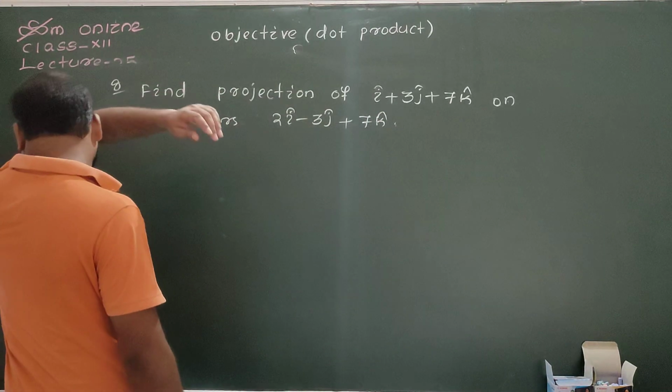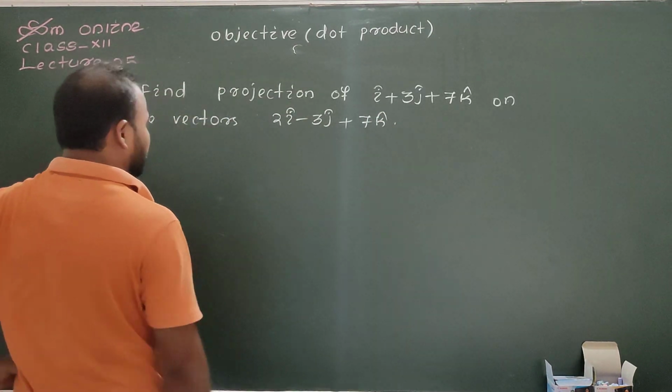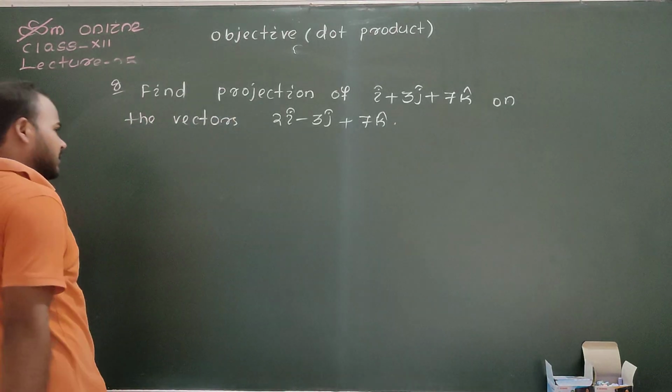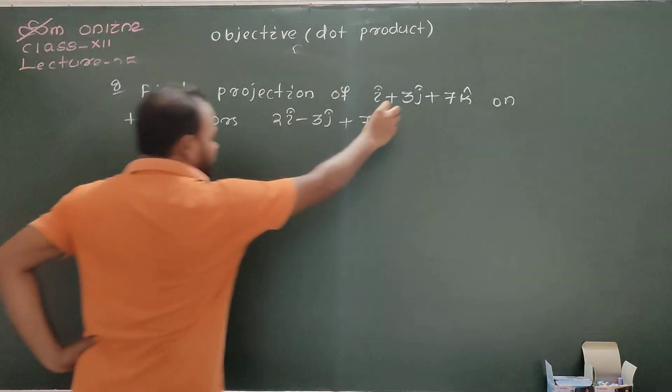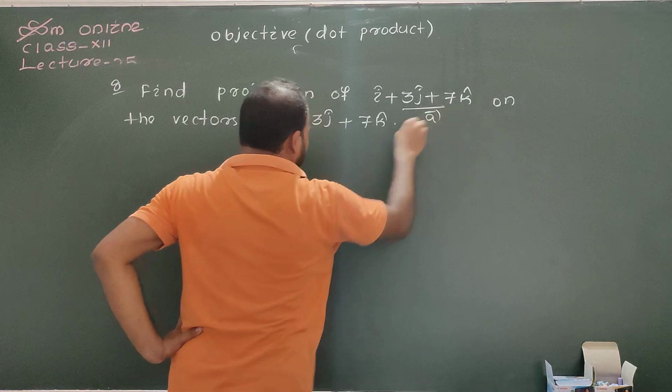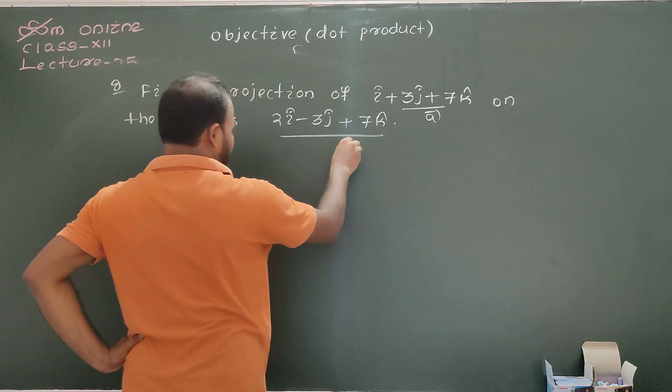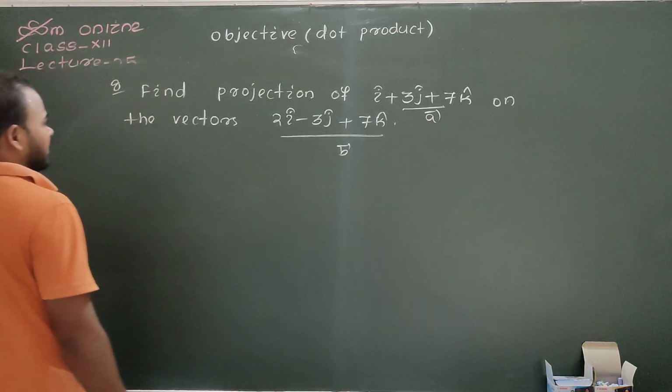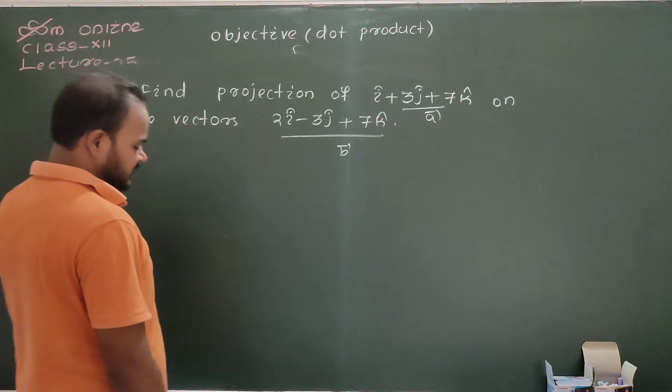This is the question. Find the projection of this vector on this vector. Suppose this is vector A and this is vector B. So projection, that means what?